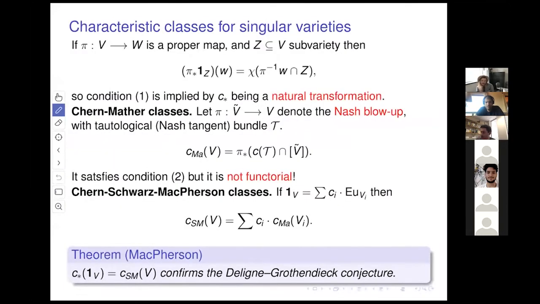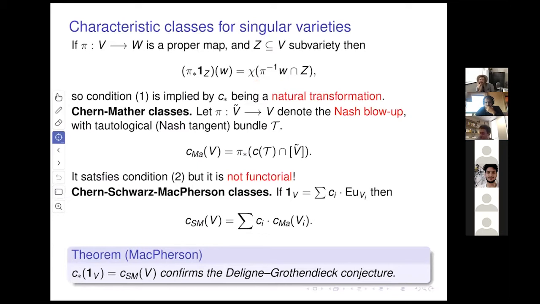If you have a proper map between varieties V and W, and I pick just a subvariety Z in V that gives me an indicator function, and I want to push it forward to a constructible function on W, well, its value at a point w is just obtained by taking the inverse image of w, intersecting with this Z, and computing Euler characteristics.